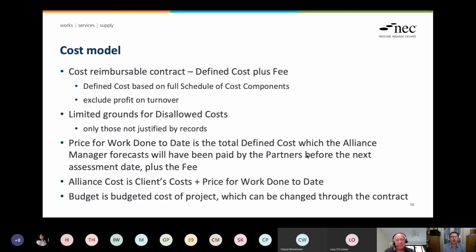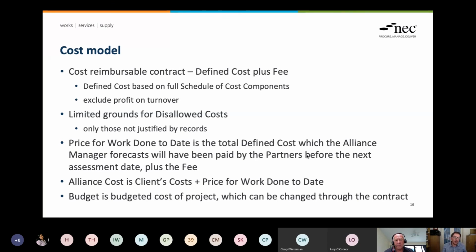But just thinking about that, Rob, the last couple of bullets are quite important, aren't they? For all those clients out there who are now a bit worried that there's no control, there is ultimately some control, because we have brought in this concept of an alliance cost and a budget. As it says there, the alliance cost is not just the PWDD, but also any other costs that the client incurs. And I think it's fair to say those costs need to be predefined.